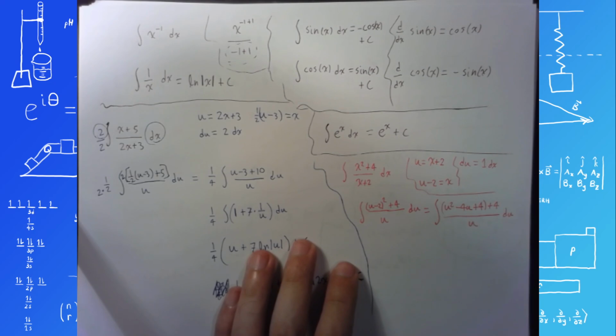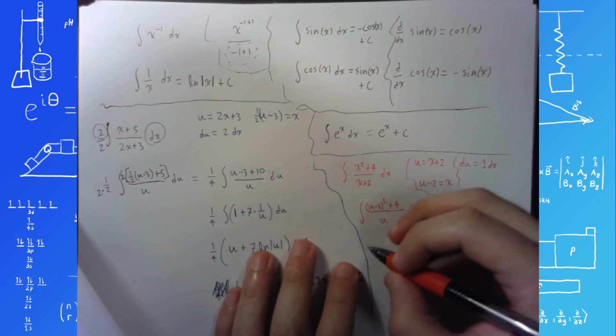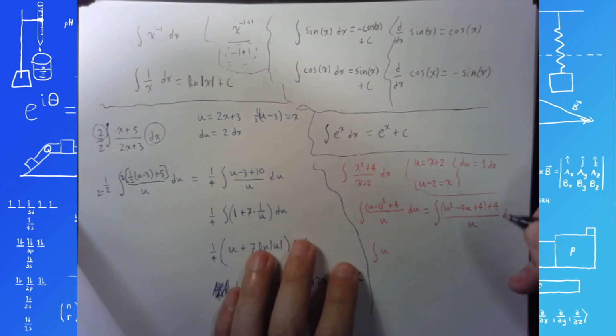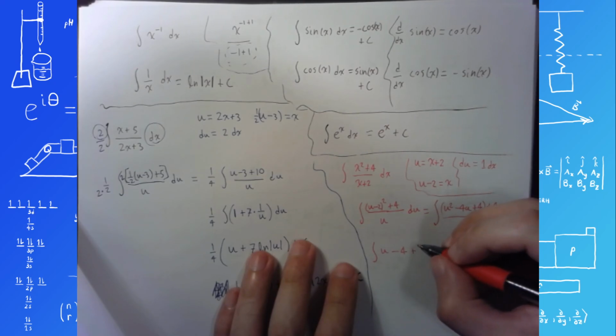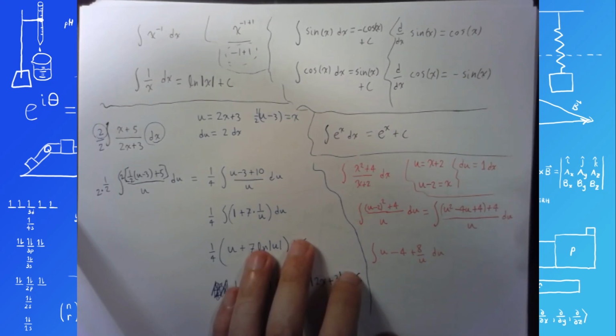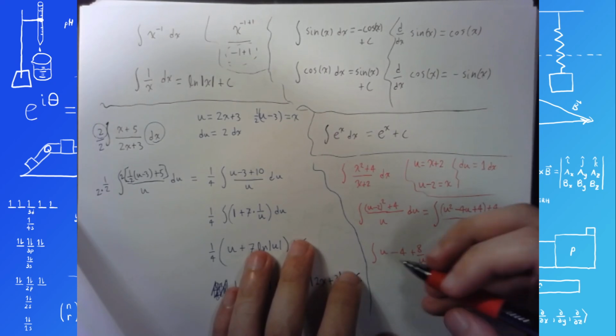Okay, so that's u squared minus 4u plus 8 over u. U squared over u is just u. Minus 4u over u is minus 4. And then plus 8 over u du.